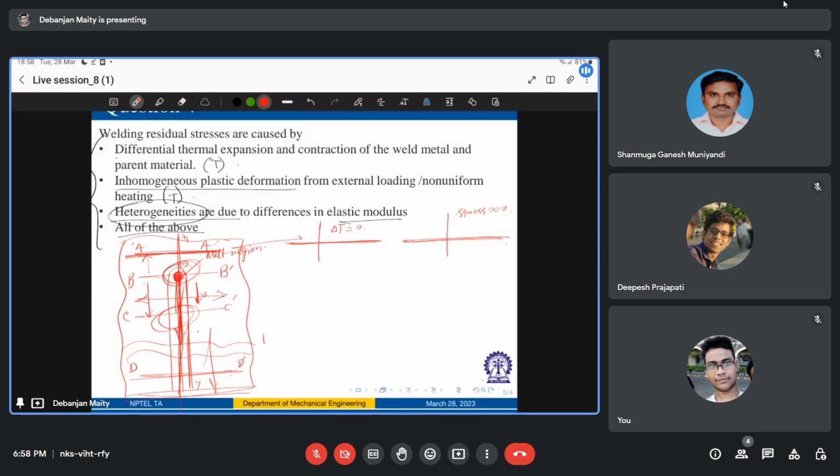And what will happen along section BB? Along section BB, the distribution of temperature will be very steep, as this section passes through this arc. Some short distance behind the arc, the temperature distribution will be less severe because the cooling will already have begun. Whenever you go in this direction, initially the temperature will shoot up, and then when it goes away, it will start to cool down.